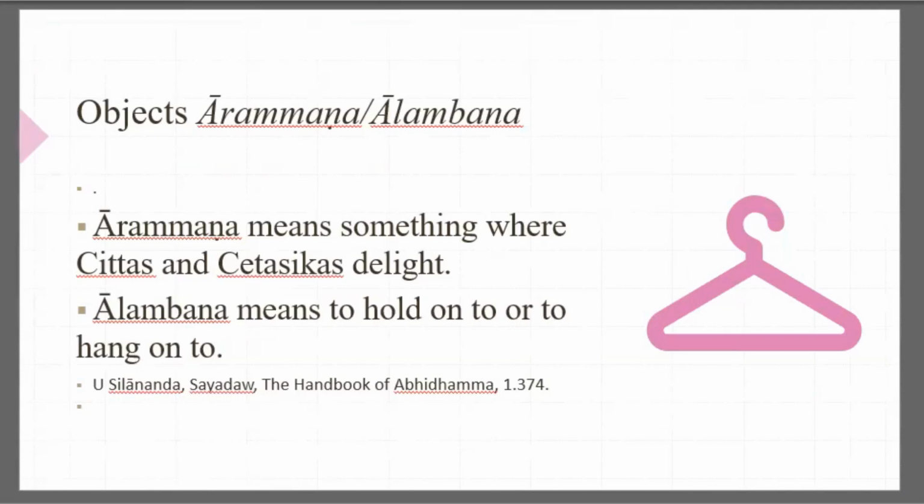Ramu is the root, meaning delight. Here Ārammaṇa means something where Cittas and Cetasikas delight. This is mostly applicable for Lobhamula Cittas, but it is an interpretation given in our books.